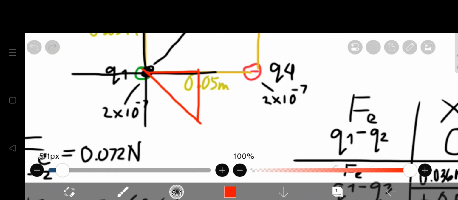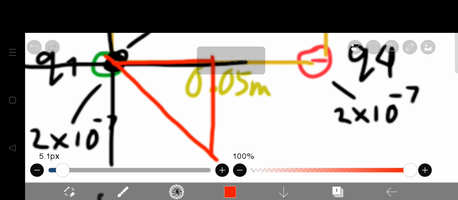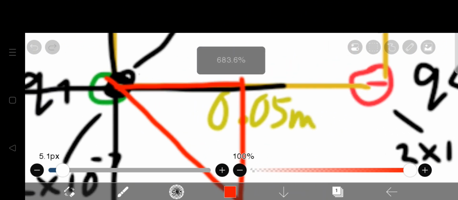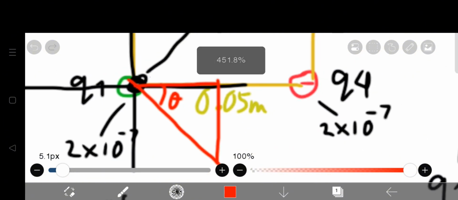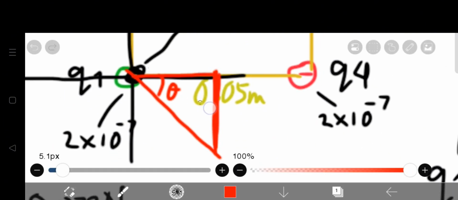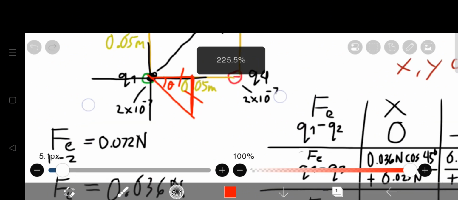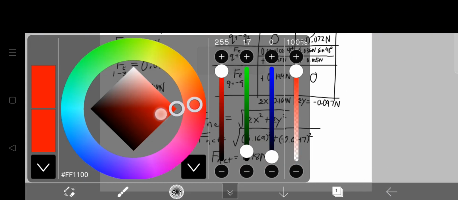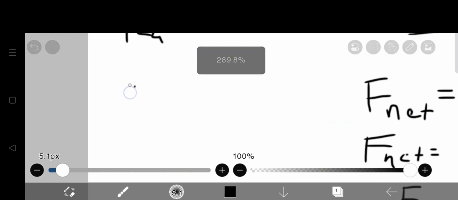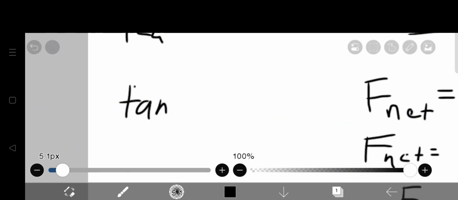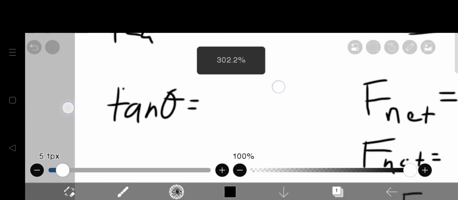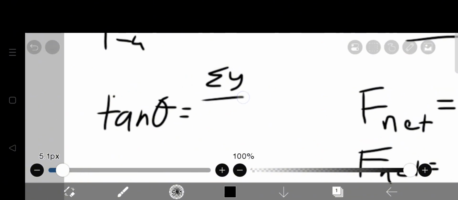So, in order to find the degree and the direction of this net force, yung parang bearing niya, we just have to use the tangent. Now, kung nandito yung theta natin, this would be the opposite. Ito yung magiging opposite. Ito yung magiging adjacent. So, our formula for tangent would be tangent of theta is equal to the summation of y over the summation of x.